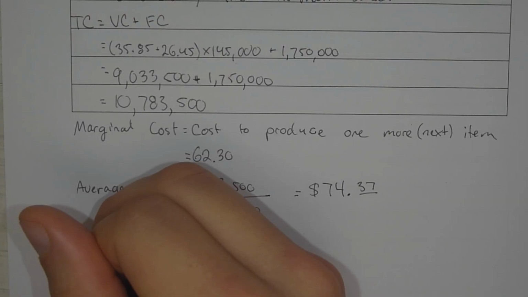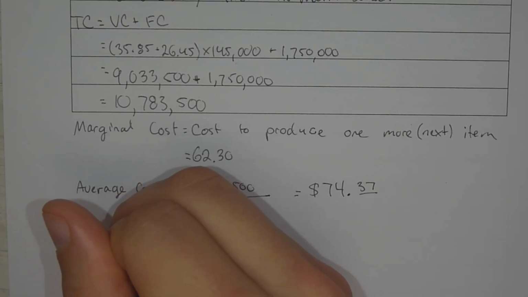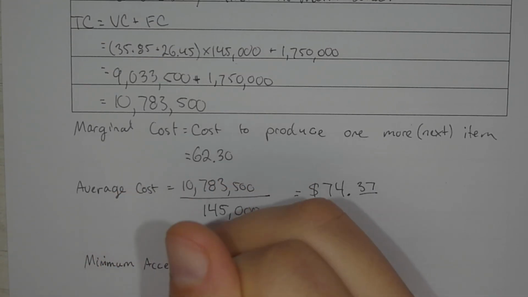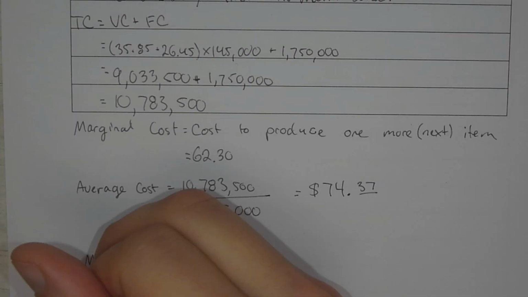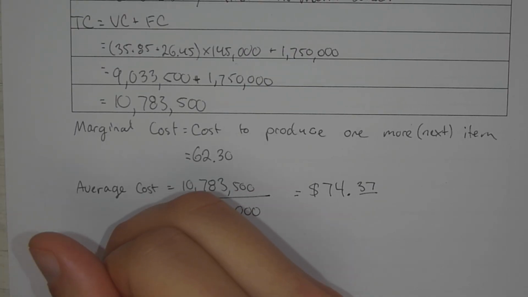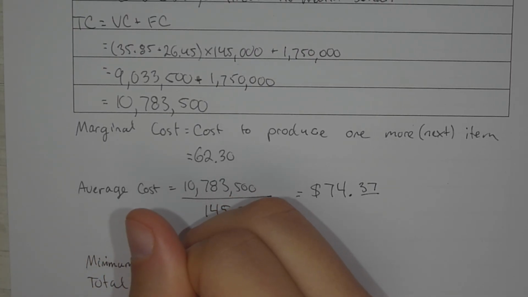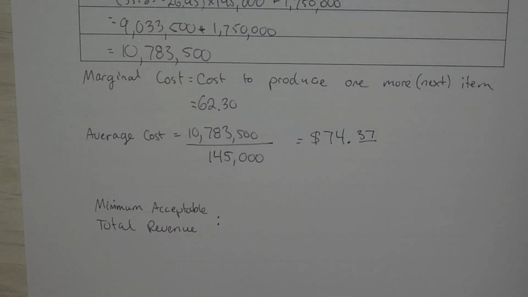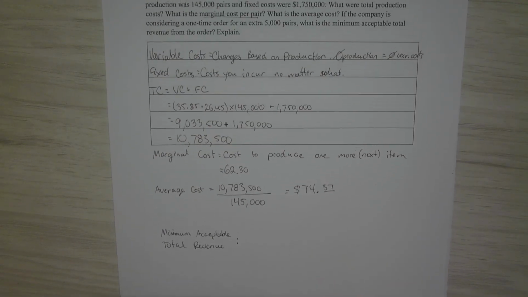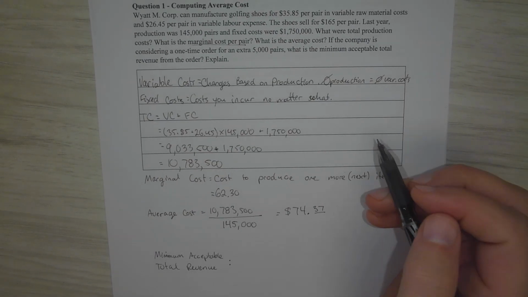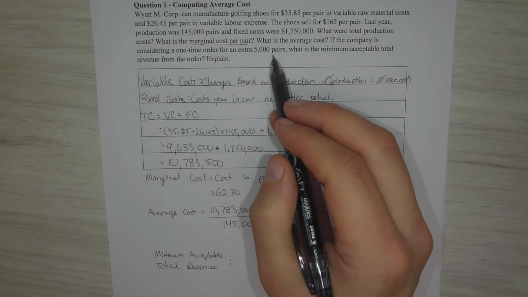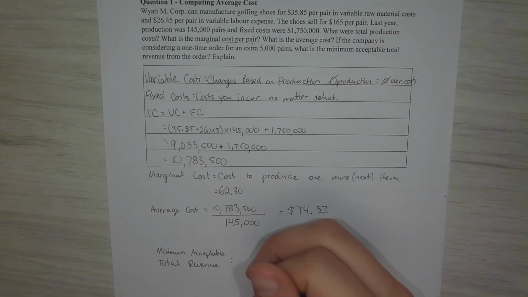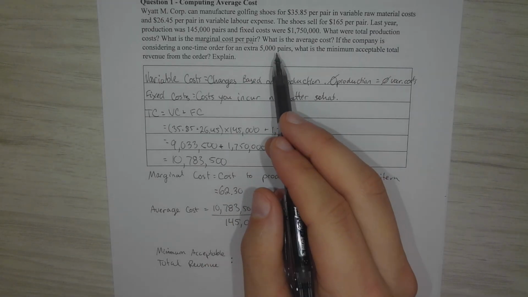So the minimum acceptable total revenue for 5,000 pairs is just going to be our variable costs multiplied by 5,000 pairs.